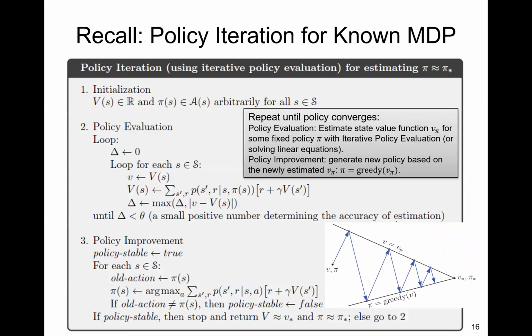So on policy MC control is in contrast to policy iteration for a known MDP, where you perform the value iteration to get the V pi until convergence, and then policy improvement, and so on.